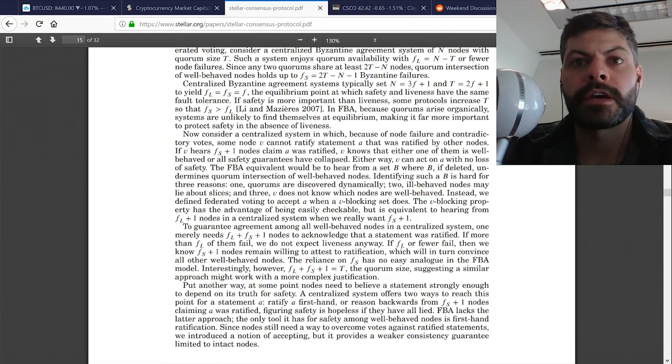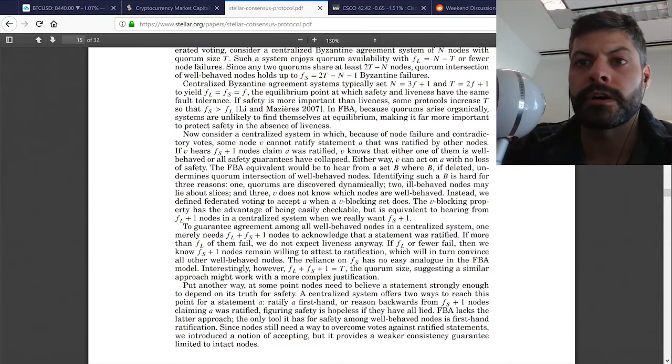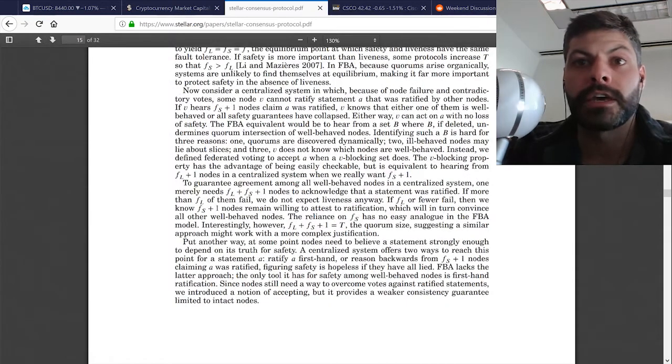Interestingly, however, FL plus FS plus 1 equals T, the quorum size, suggesting a similar approach might work with a more complex justification. Put another way, at some point nodes need to believe a statement strongly enough to depend on its truth for safety. A centralized system offers two ways to reach this point for a statement A. Ratify A firsthand, or reason backwards from FS plus 1 nodes claiming A was ratified, figuring safety is hopeless if they have all lied.